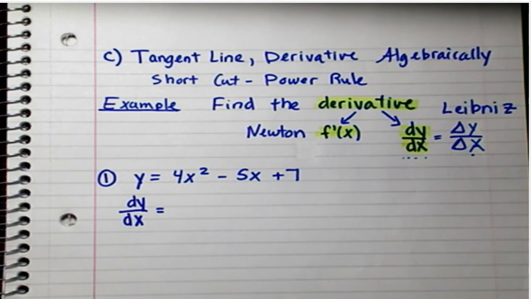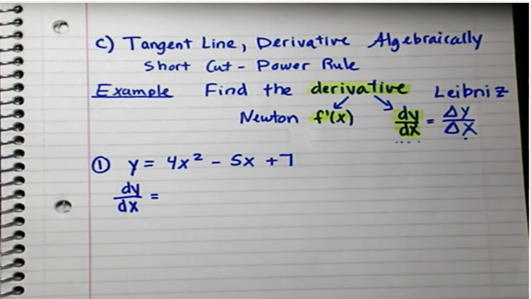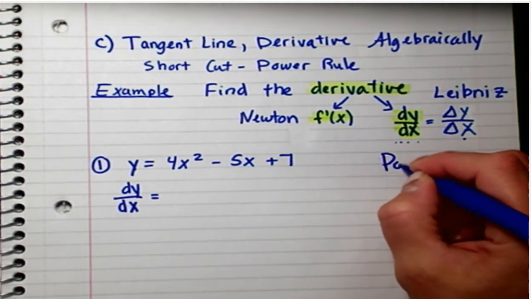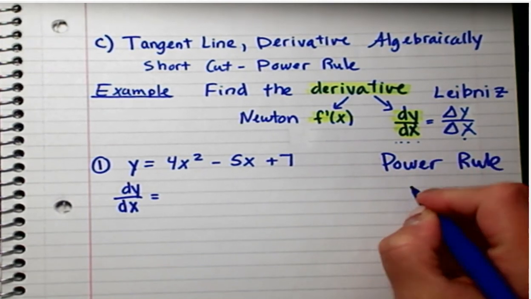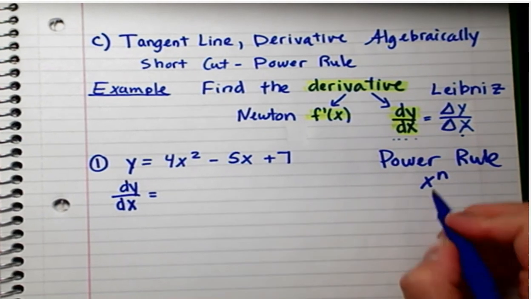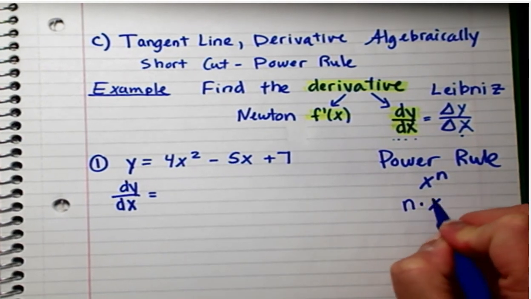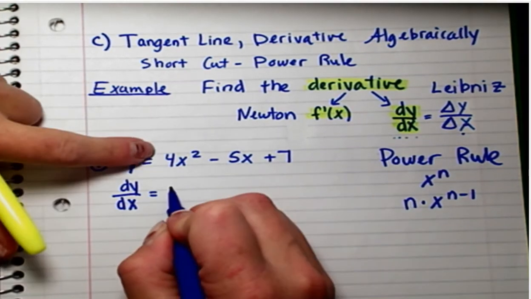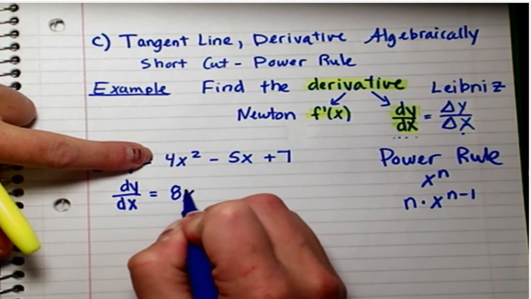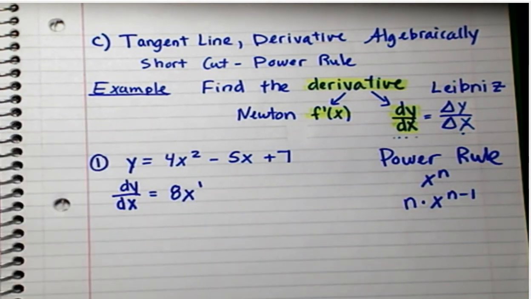They are switched around. They are the same thing. Okay, so we have that power rule, which tells me that I take the power and then I decrease the exponent by 1. That's how I do the derivative. So we get 8x to the first. That's that shortcut that we learned on Friday.